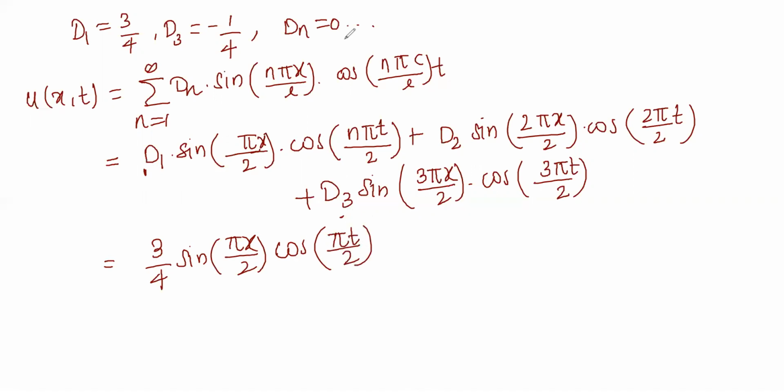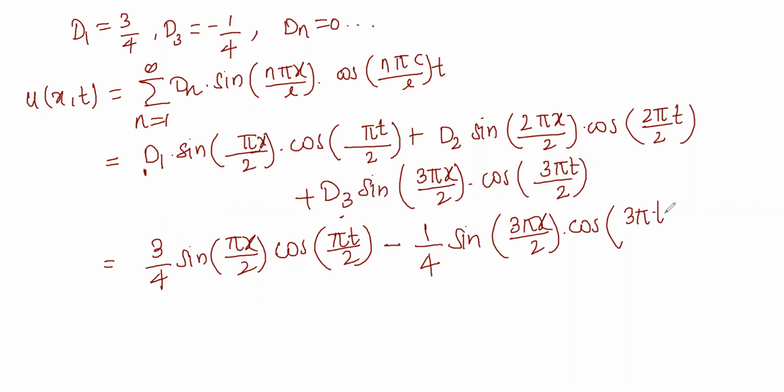I replace this n by 1 because we have opened the brackets. And d3 is minus 1 by 4, so minus 1 upon 4 into sine 3 pi x by 2 into cos of 3 pi t by 2. That's my required solution.